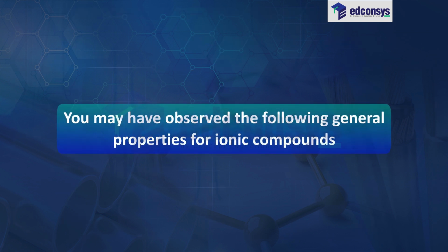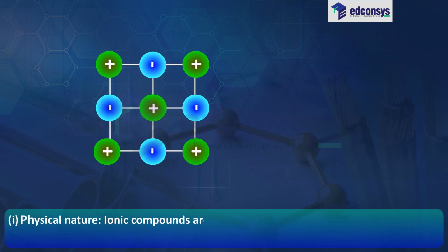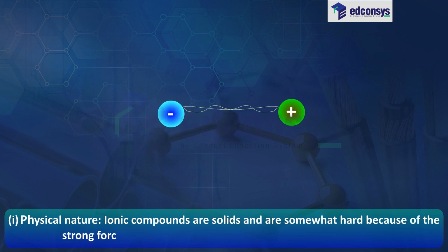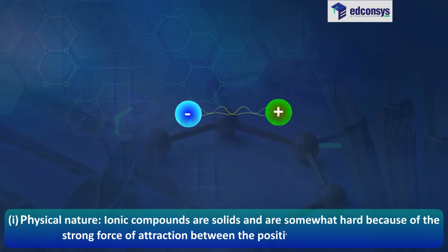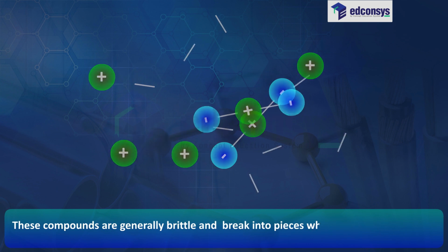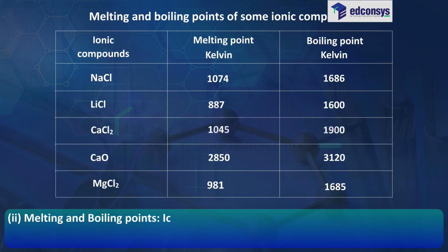You may have observed the following general properties for ionic compounds. First, physical nature. Ionic compounds are solids and are somewhat hard because of the strong force of attraction between the positive and negative ions. These compounds are generally brittle and break into pieces when pressure is applied. Second, melting and boiling points.